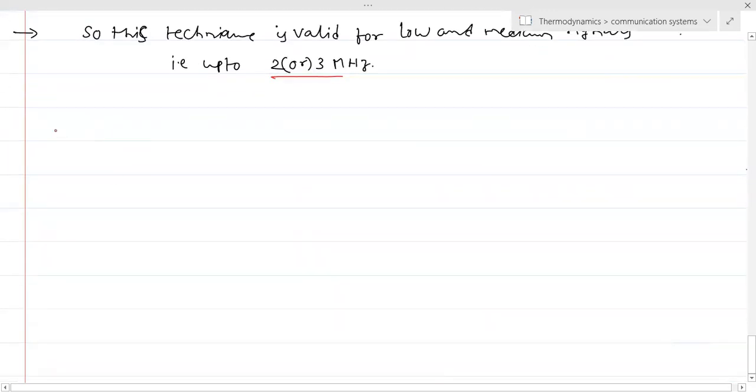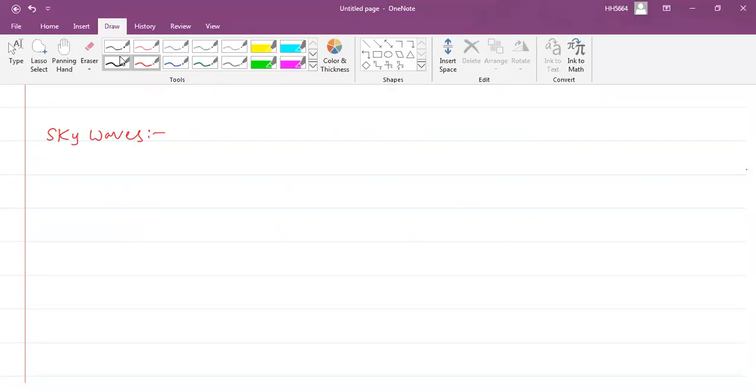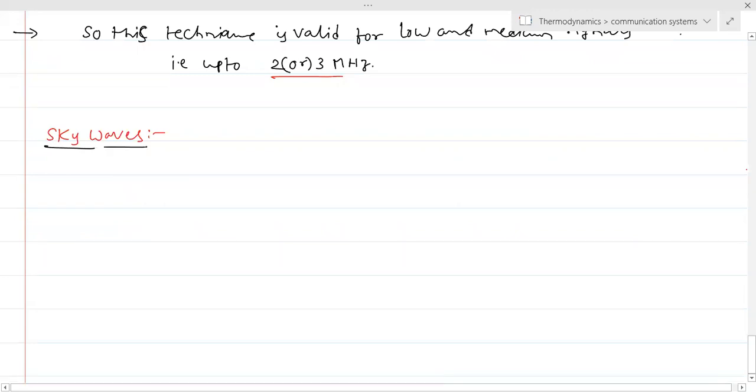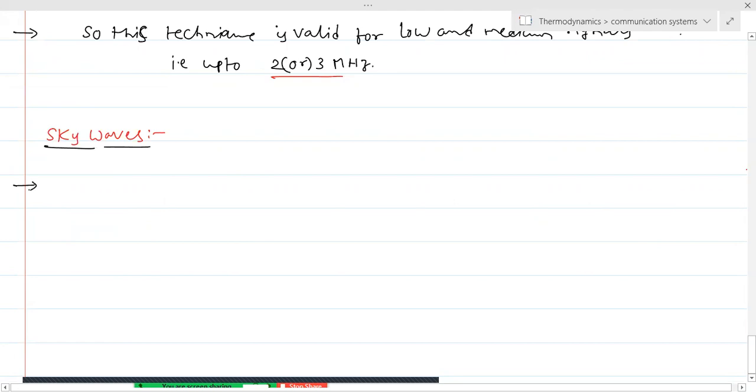Next, we are taking sky waves. Because sky waves, in the name itself, we have the complete wave propagation to the sky only.